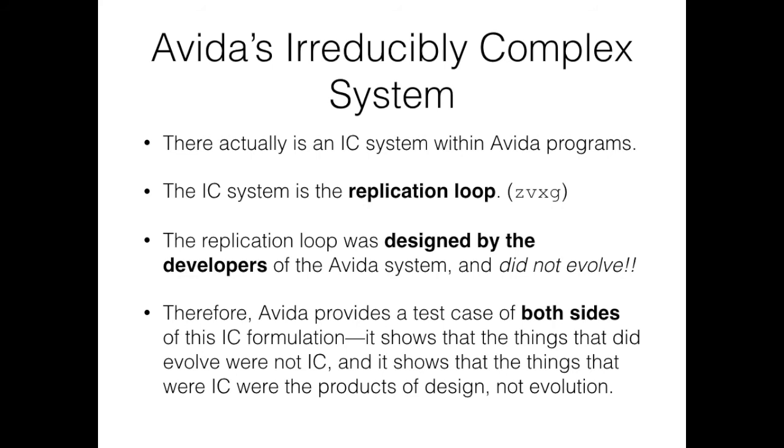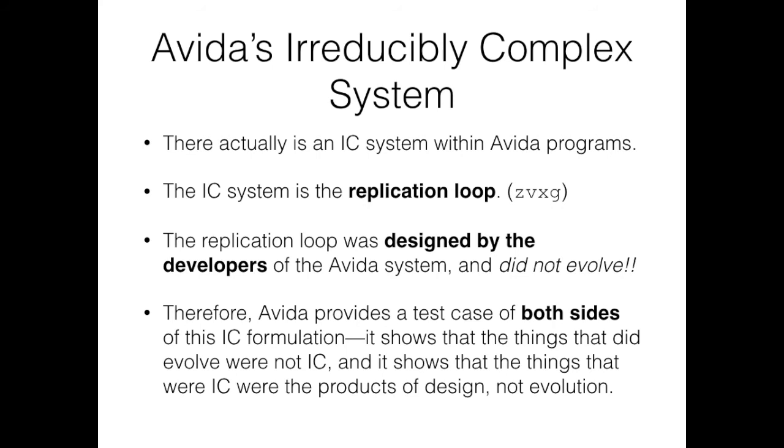For people who are thinking that they are showing the world this is evolution in action, you can actually look and say, oh look, there's the design. I was able to detect it. Avida actually provides a test case of both sides of the irreducibly complex formulation. It shows that things that did evolve were not irreducibly complex, and it shows that things that were irreducibly complex were the products of design instead of evolution.